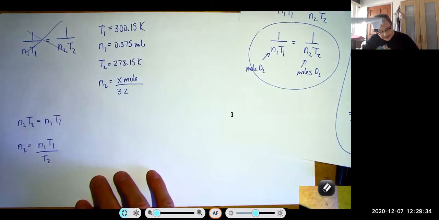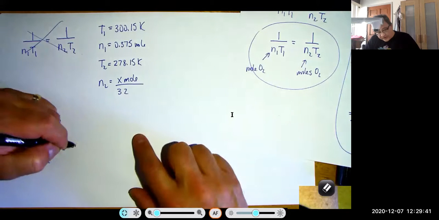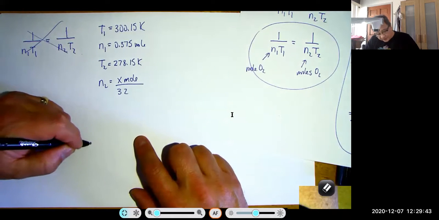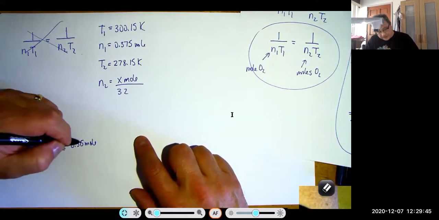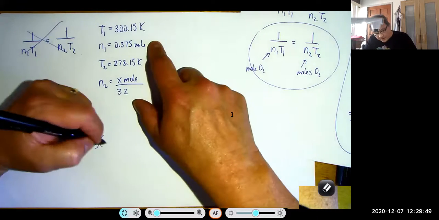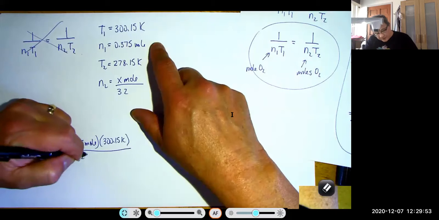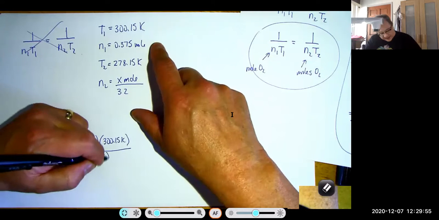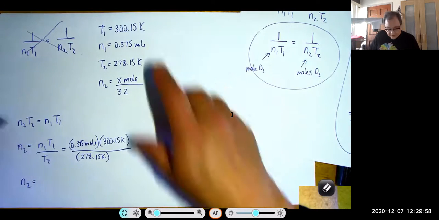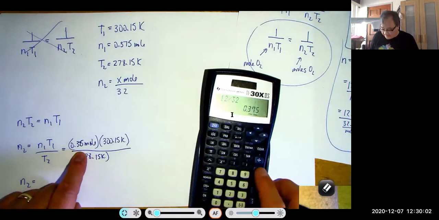And so I get N2 is equal to 0.375 moles times 300.15 K over 278.15 K. And I get that N2 is equal to a value that's going to be a little bit bigger than 0.375.